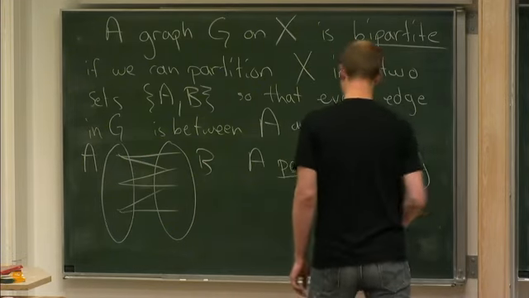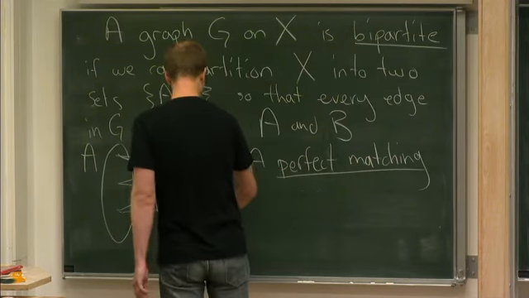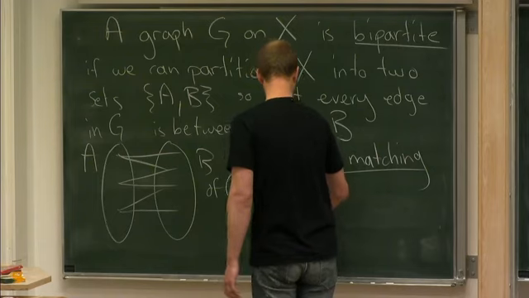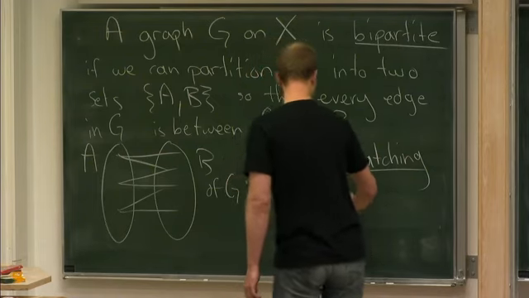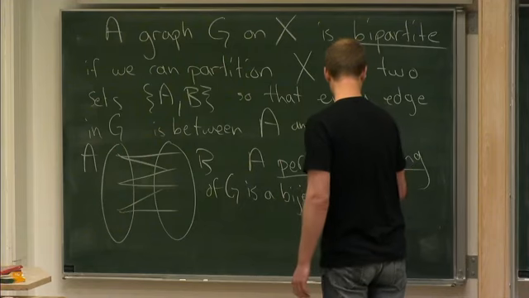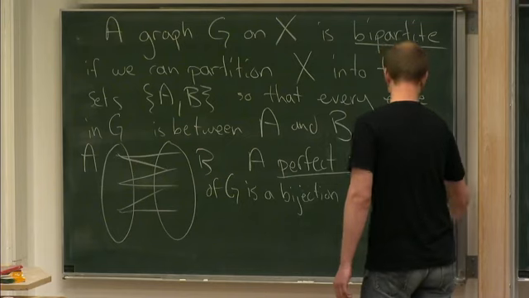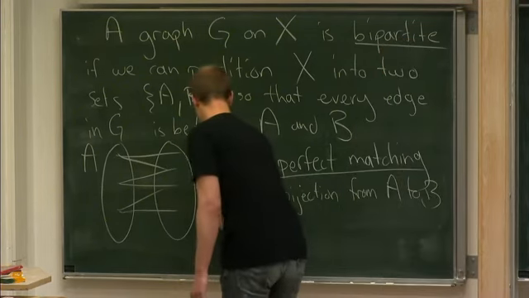And those are of some interest as well. So a perfect matching of G is a bijection from A to B using edges from G.